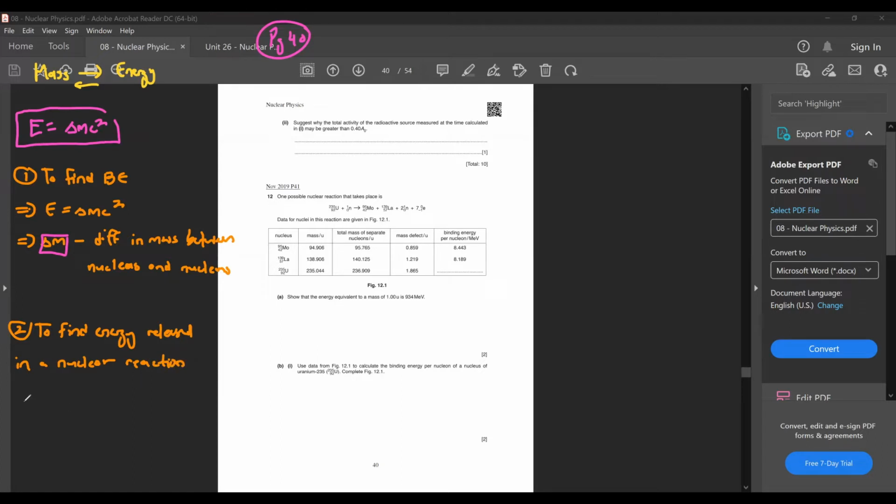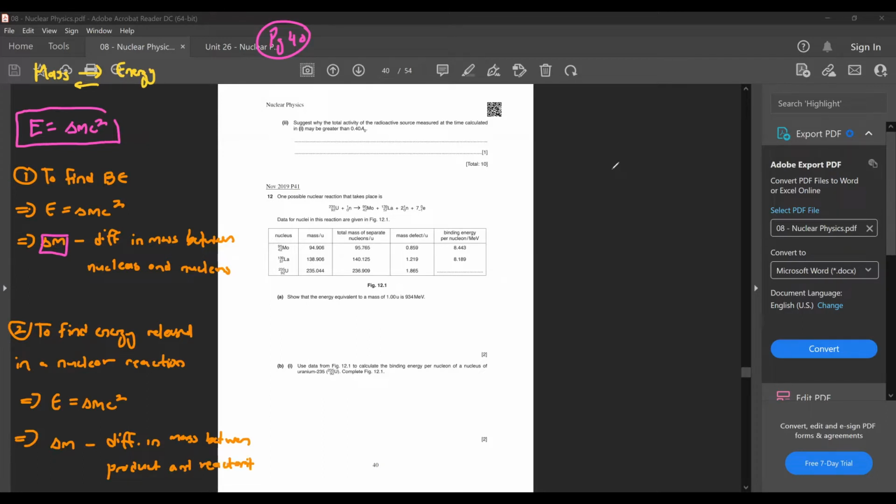Okay, where you will still use E equals delta m c squared, but your delta m here is the one that's a bit different. Okay, your delta m here is actually the difference in mass between product and reactant.